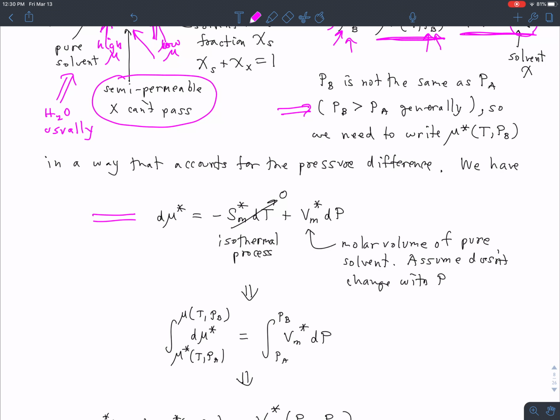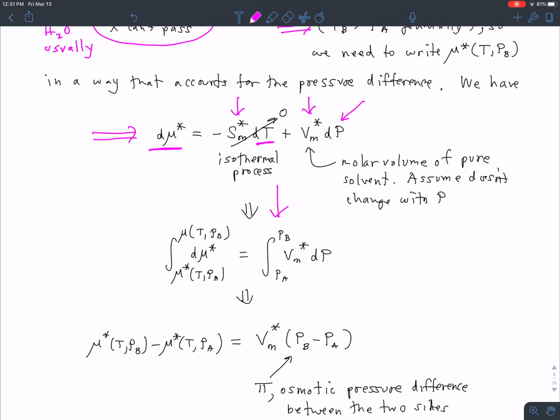and that's what I'm doing down here. We know that a small change in chemical potential, using the usual Gibbs free energy trick, is equal to the molar entropy times dT, but there is no temperature difference in this case, plus the molar volume for either side A or side B, times any small pressure difference for that same side.